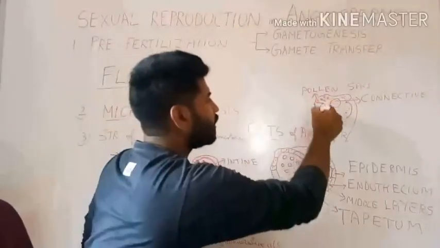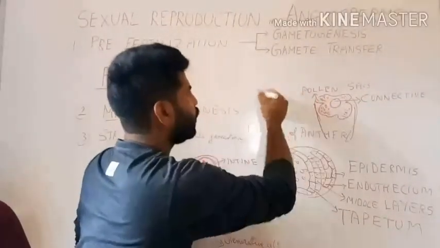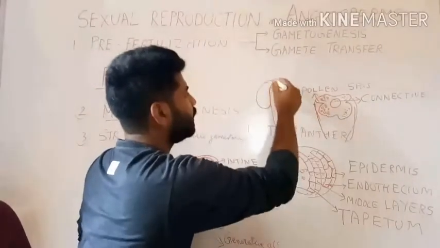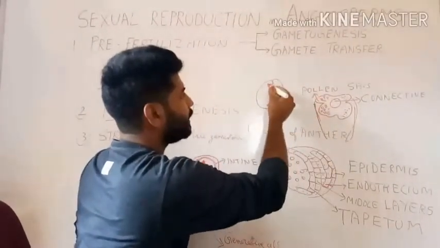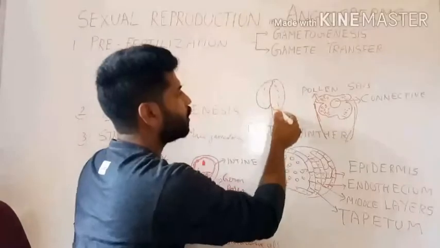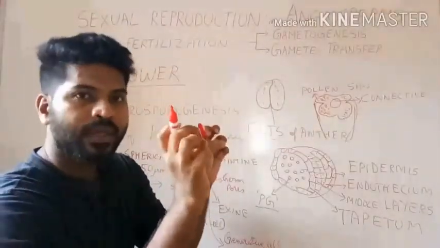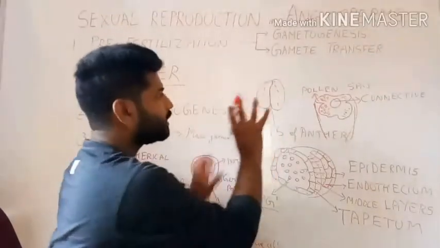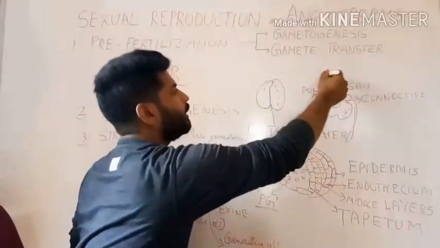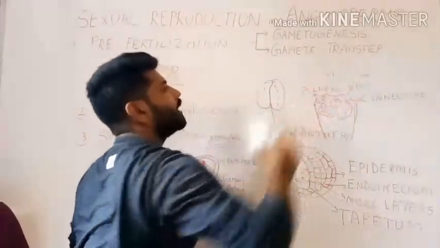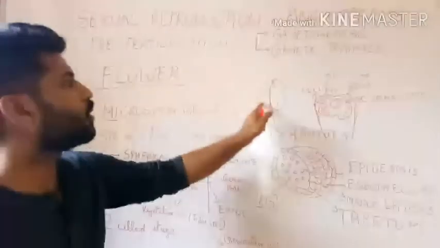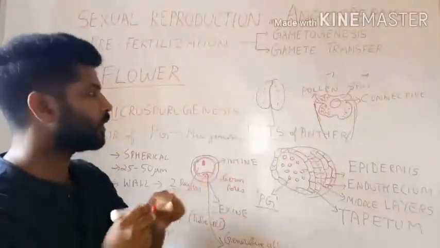The anther, as I told you, has a line of dehiscence. Here there is a line that runs along. When they lose water, it will shrink. When it shrinks, the anther opens and releases the pollen grain out through this line of dehiscence.